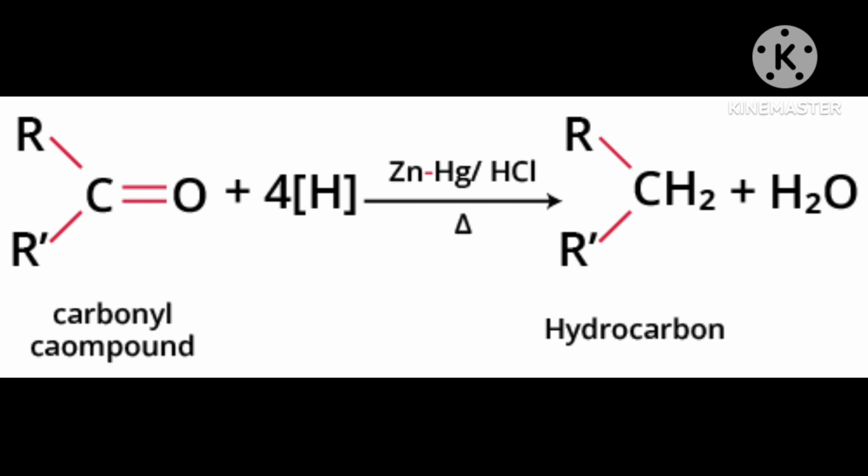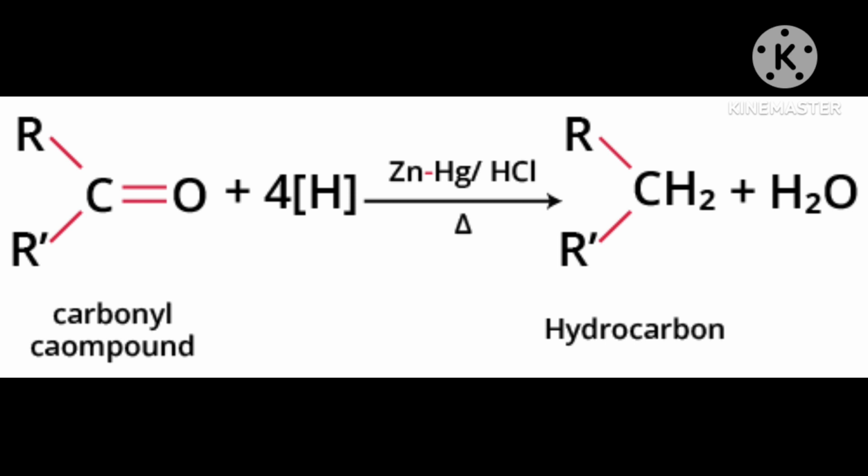By that way also you can get hydrocarbons from aldehyde and ketone. That is actually called Wolff-Kishner reduction, spelled W-O-L-F-F, K-I-S-H-N-E-R. Then what is the condition for Wolff-Kishner reduction?